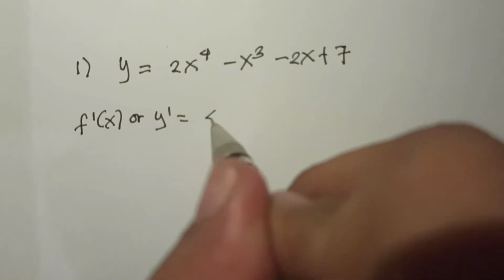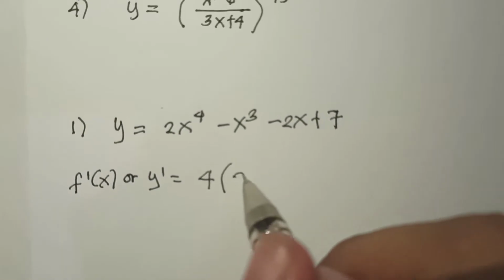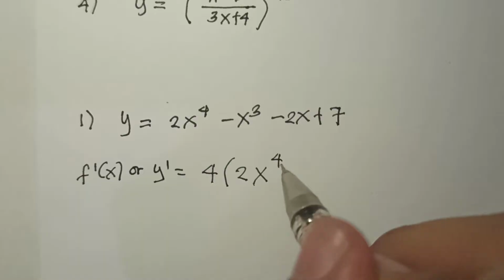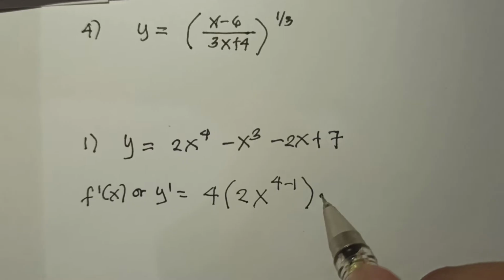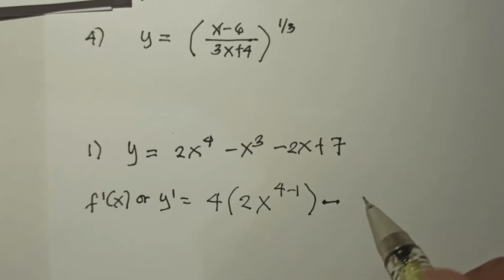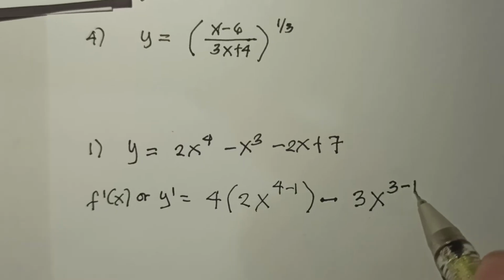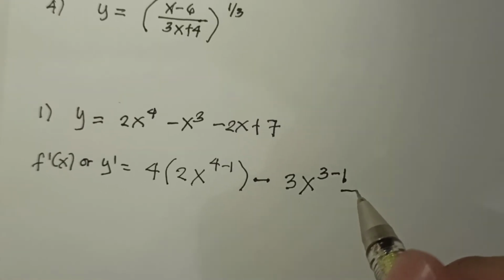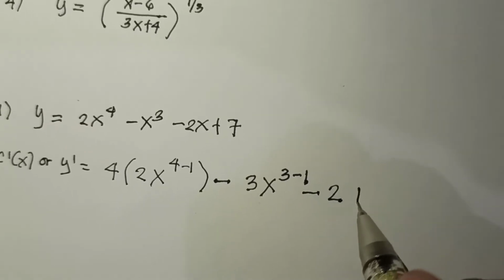So we have 4 times 2x raised to 4 minus 1, then minus 3x raised to 3 minus 1, minus 2, then plus 0.